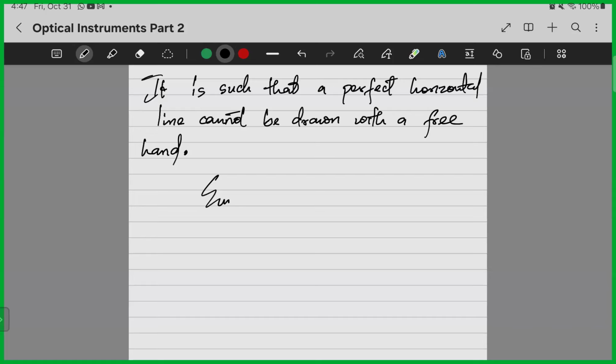I've talked about a couple of optical instruments. It's time to give a summary of the kind of images formed by them. Summary of images formed by optical instruments.